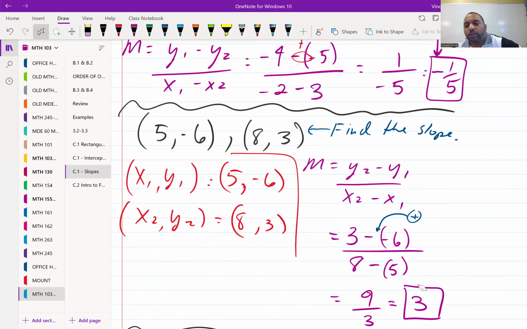Y2 minus Y1 over X2 minus X1 means I would do 3 minus -6 over 8 minus 5. Once again, negative negative turns positive. So that'll be 3 plus 6, which is 9 in our numerator. Then 8 minus 5 is 3 in our denominator. 9 over 3 is 9 divided by 3, which is 3.